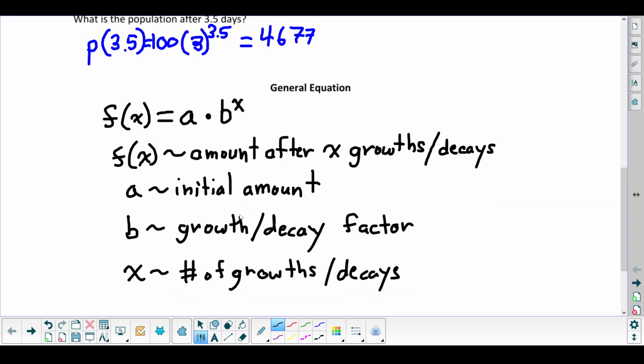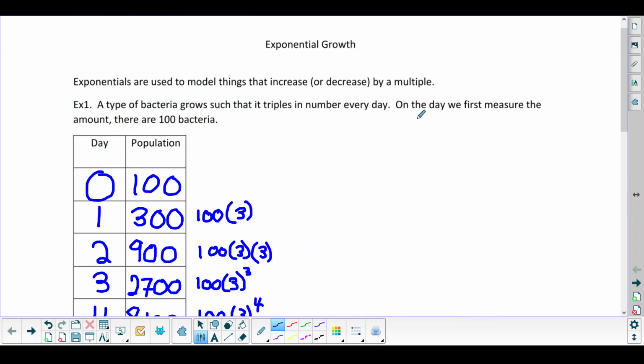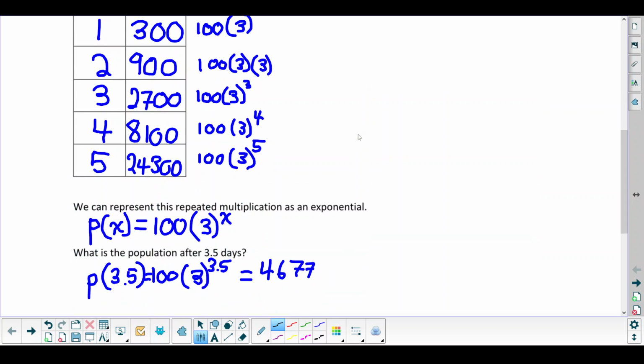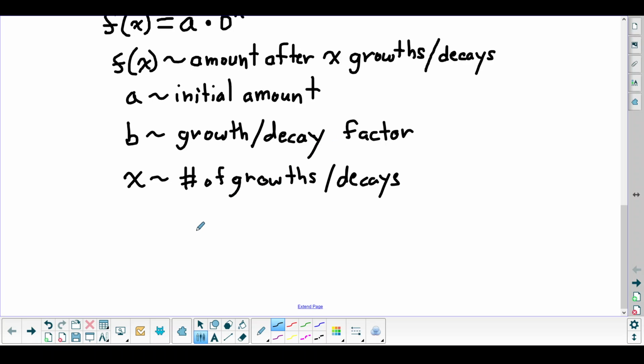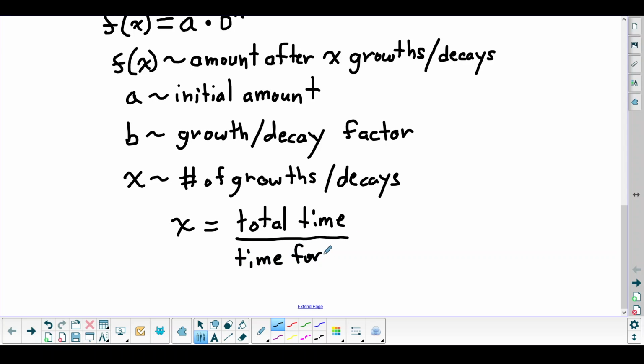In our example before, the number of growths was the same as the number of days because it tripled every day. In our next example, it's not going to be every day. So sometimes we need to calculate the number of growths, and it's really simple to do that. It's the total amount of time divided by the time for one growth or decay.